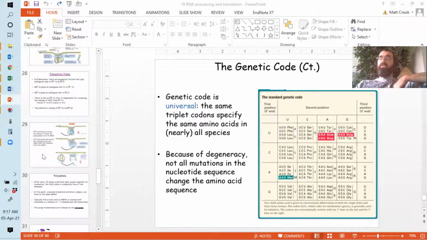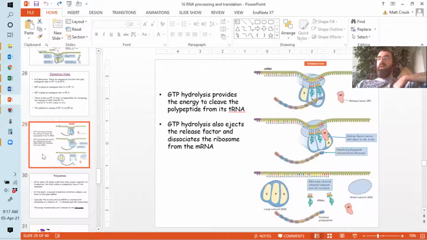Essentially there's 2 parts to this. One is that translation stops and it can no longer proceed because there's no tRNA to come in, but also that paused ribosome and that stop codon are recognized by something called release factor.